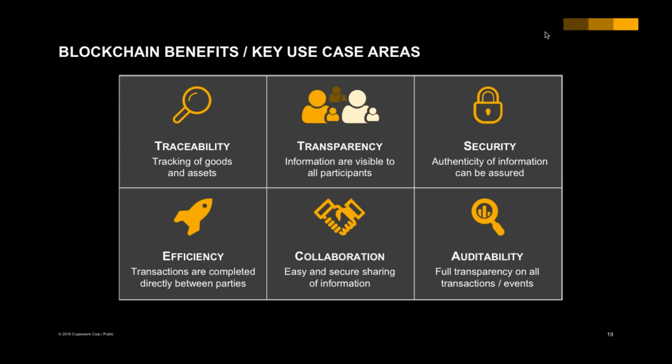If you have a blockchain that allows you to share data in a way that makes that information transparent to others, while making sure that no fake data is injected in the process, that is another one. Efficiency, collaboration. Efficiency is reached, for example, by minimizing the time it takes.